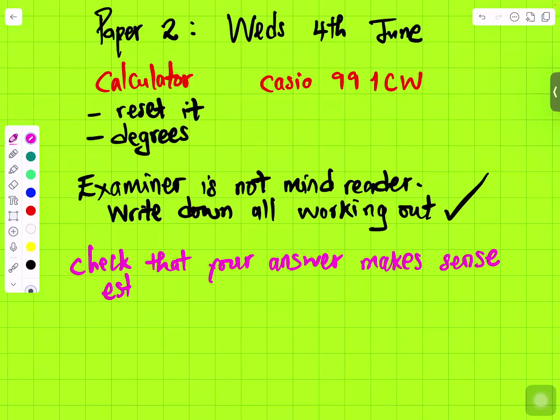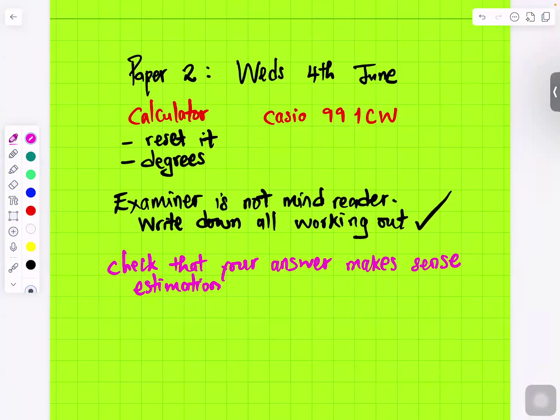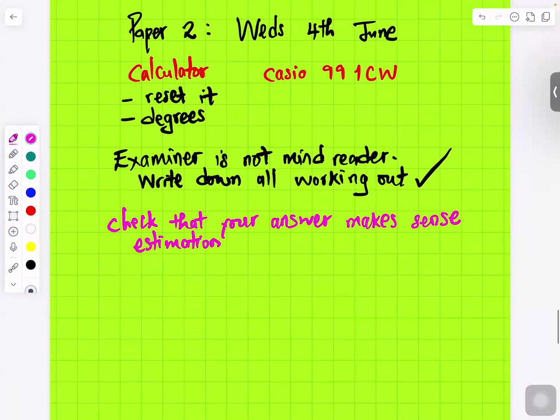And you do that by estimation. These are the things that will give you your top grades. You will not make mistakes and lose marks. So to remember these things, don't lose all these 1 mark, 2 marks because you make a big mistake. Type in something, estimate, and check to make sure your answer makes sense, so that if you've typed something wrong on the calculator, you catch it.